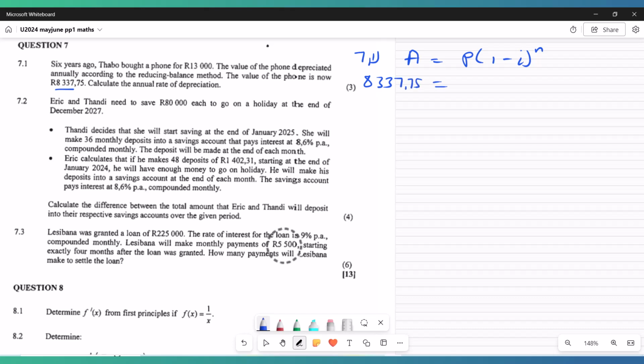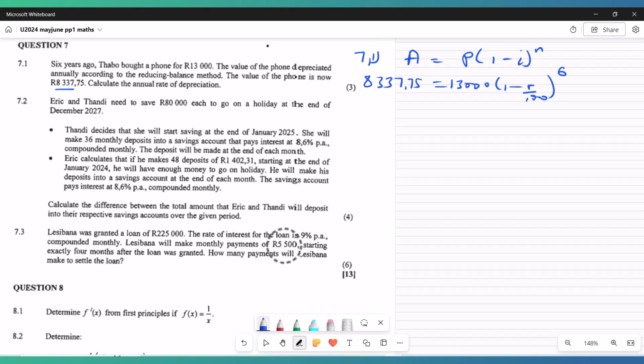Then equals P, the original amount of the new phone, which was 13,000, and then into 1 minus the rate divided by 100, and then to the power how many years? They said 6 years ago. That's going to be power 6 here, because they said per annum, 6 years ago.